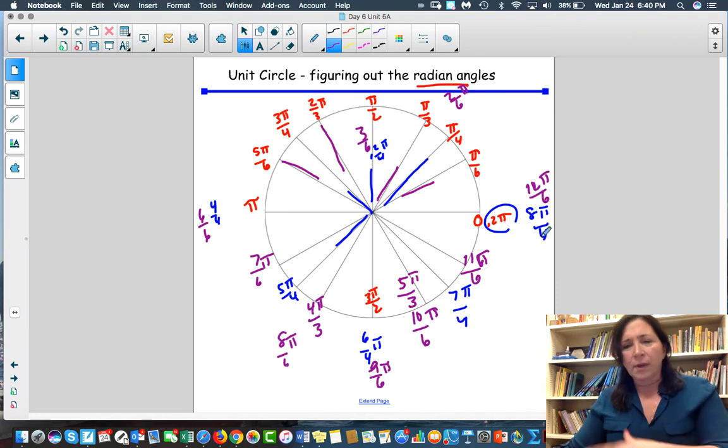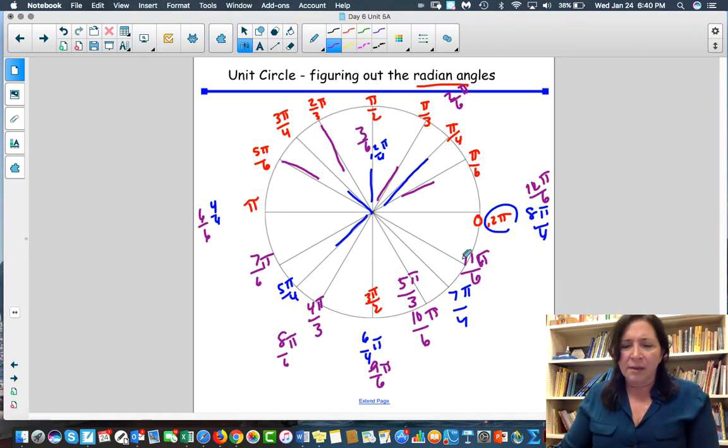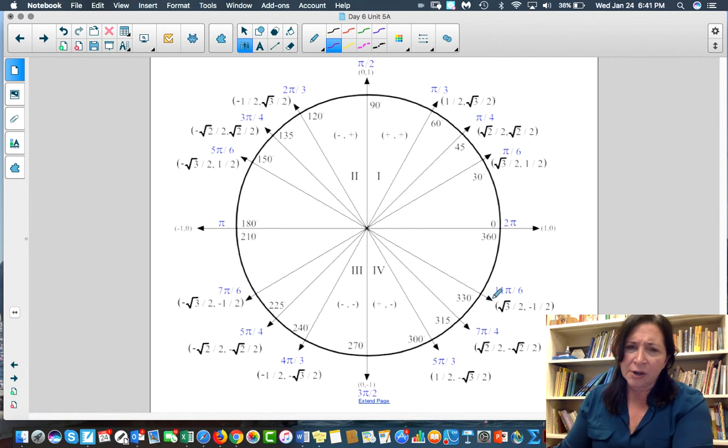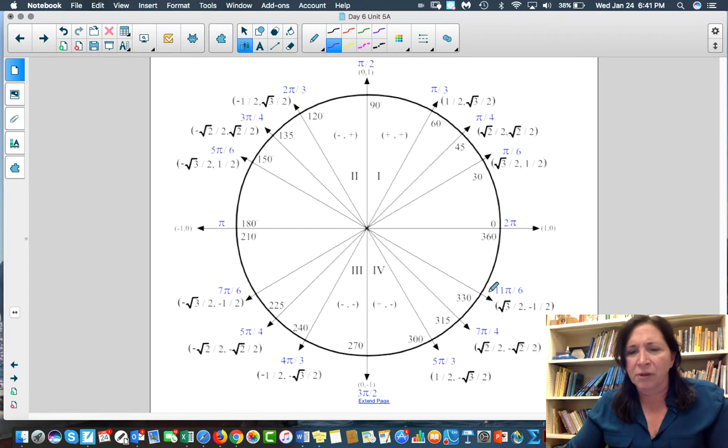So counting all the way around could be helpful, and then also filling in the degree measure as well. This right here is actually a really great unit circle. You can get several of these off the internet, but what you do need to know is this quadrant right here.